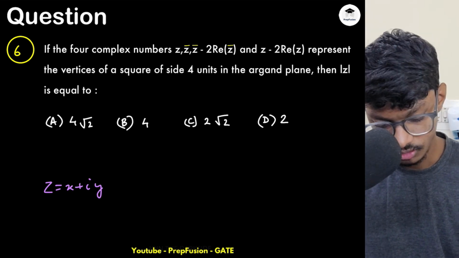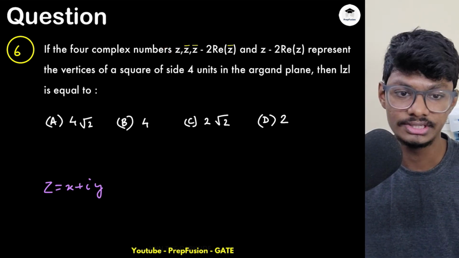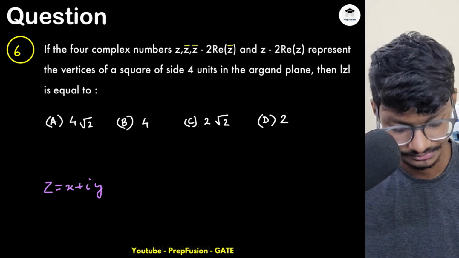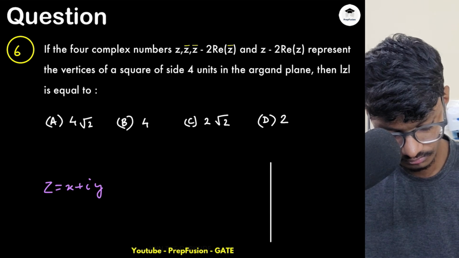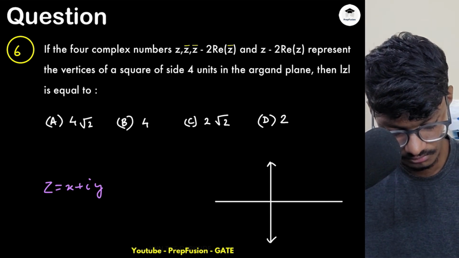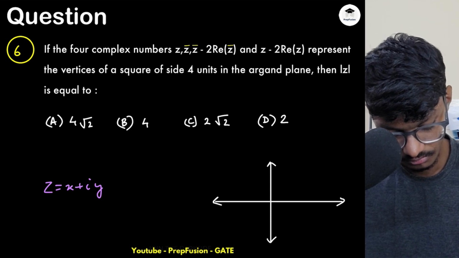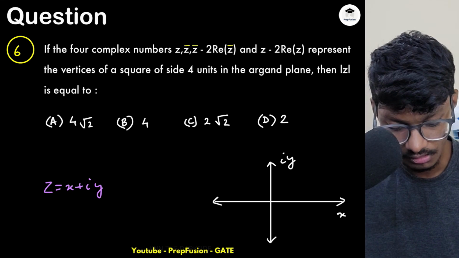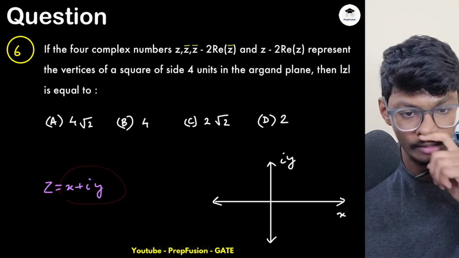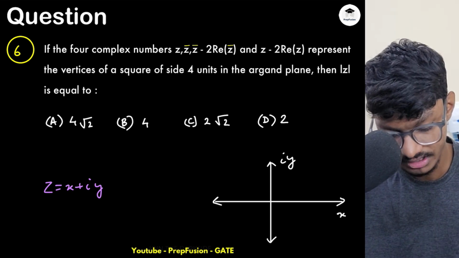Since it is talking about a square in the argand plane, I will also draw the argand plane side by side. So what is z? Z is x plus iy, and I will assume that x and y are both positive.